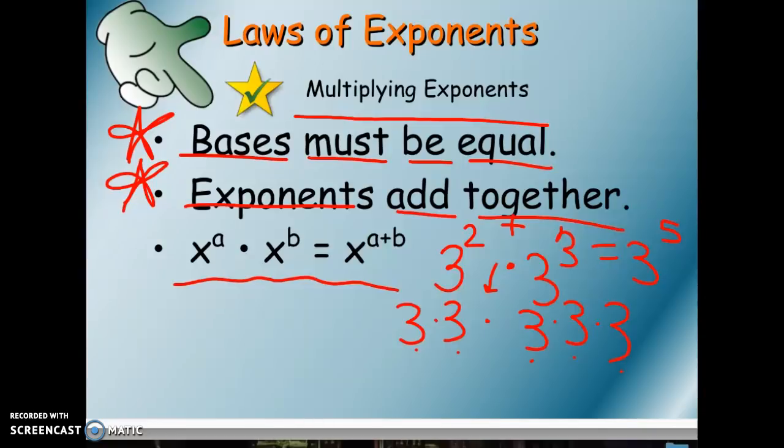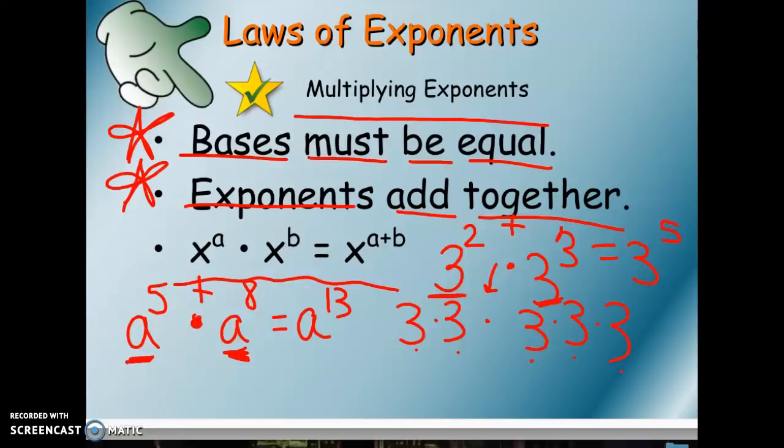If we do another one, if we say a to the fifth power times a to the eighth power. Well, this is the same base. You have to have the same base because here we had our 3's that were the same. So the same base of a, and I'm multiplying, so I can add 5 plus 8, so a to the 13th power.